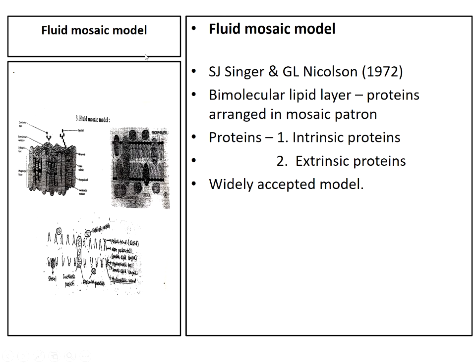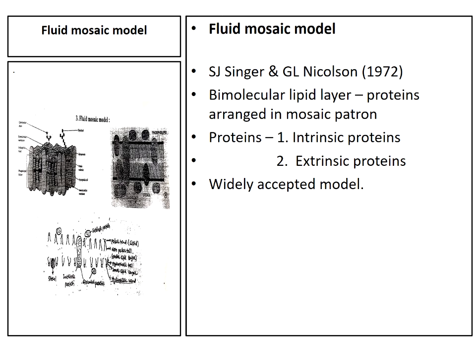Next, the third one is the fluid mosaic model. The fluid mosaic model was proposed by S.J. Singer and G.L. Nicholson in 1972. This model is a widely accepted model.